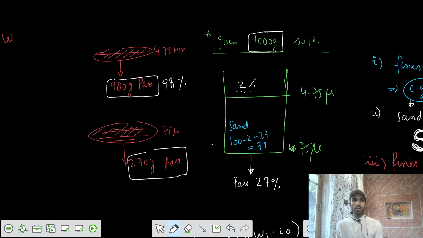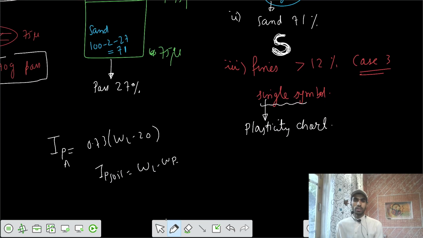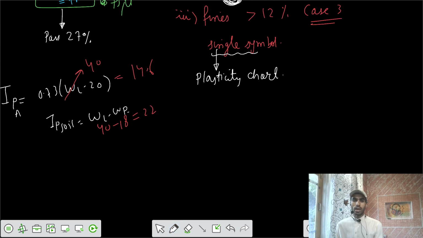Let's say your liquid limit is 40 and your plastic limit is 18. Now we need to say what type of soil that is. 40 minus 18 is 22. The IP of the A line is 14.6, so the IP of the A line is less than the IP of the soil.